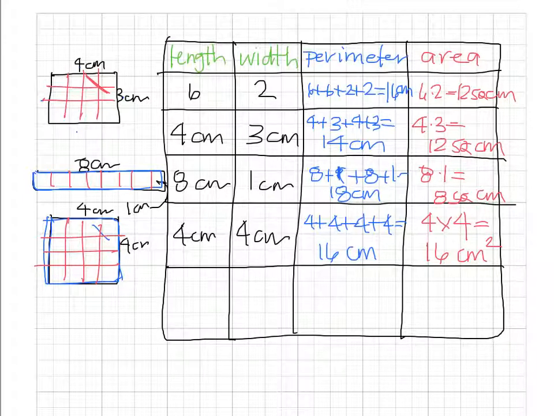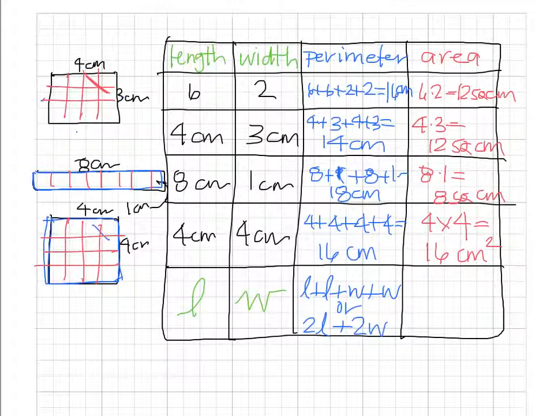Now, when we look at the bottom, we're not going to put another shape over here. Basically, what we're going to do is start looking at the rule. We're going to signify length as L because, well, length starts with L. Width is going to be signified by, yep, you guessed it, a W. Now, when we think of perimeter, we're going to add L plus W plus L plus W, or we can simplify that to 2L plus 2W.